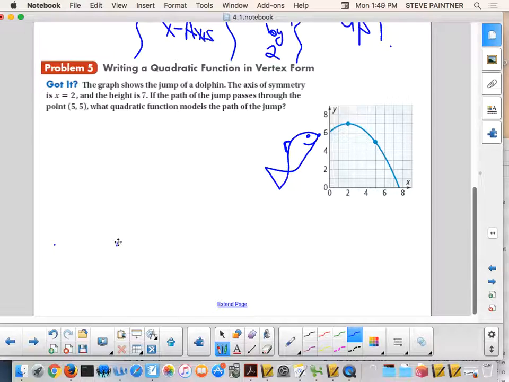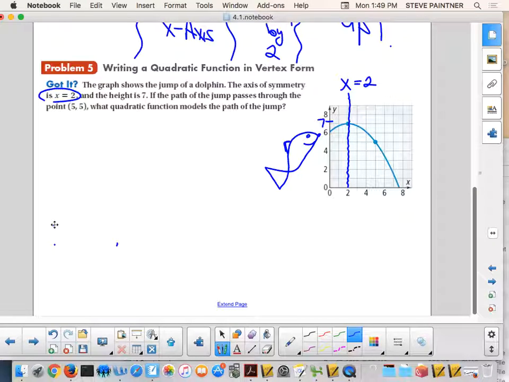Okay. Now, the axis of symmetry is x equals 2, which just tells you this. Right through the 2, we know we can mirror points over the other side. X equals 2. Okay? And the height of the jump is 7. So this would be equal to 7, I guess.